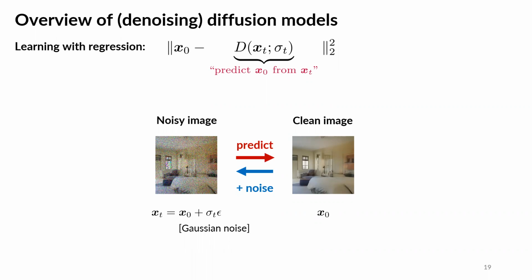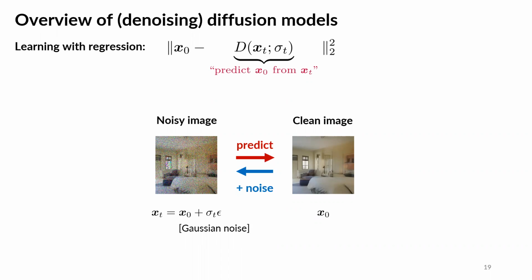After we get this image, which we call xt, the task we have here is basically to predict x0 from xt. And you can see from the top L2 loss, we have a denoising model, which we denote as D, that takes in the noisy image xt, as well as the current noise level sigma t, to do this denoising.